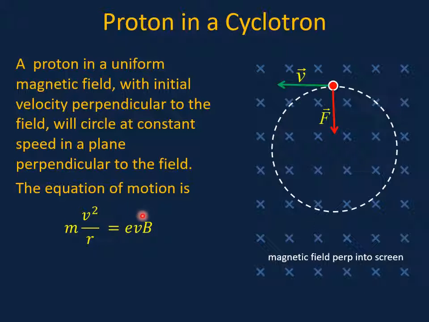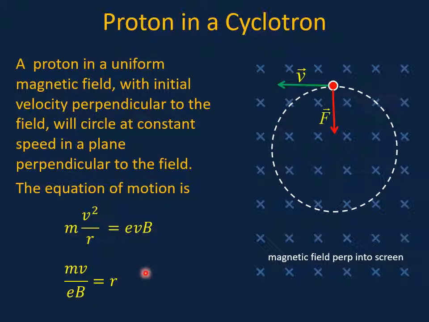The Lorentz force is just v cross B times the charge, that's e, v, and B. Therefore, this expression gives us a way to calculate the radius of the orbit. So one of the velocity terms cancels here, and the radius of the orbit is simply mass times the velocity divided by the charge times the magnetic field.